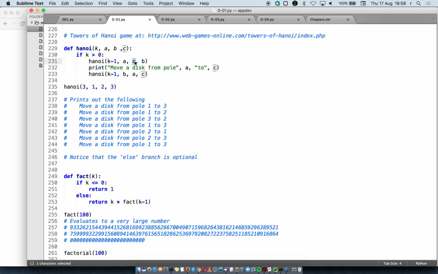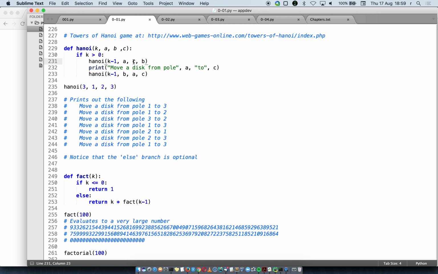I cannot just mention the first and last pole, because I have to tell the program that the middle pole exists as well. So we're going to have these arguments: this is the first pole, this is the auxiliary, the middle one, and this is the third one, the destination. C is the destination. So we're going to move from A to B using C as an intermediate.